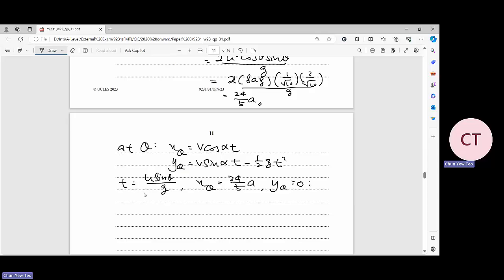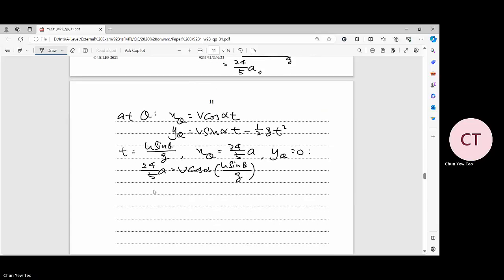These are the information. So from here, you will get 24 over 5A is equal to V cos alpha multiplied by U sine theta over G. So you get V cos alpha equals 24 AG divided by 5 U sine theta.